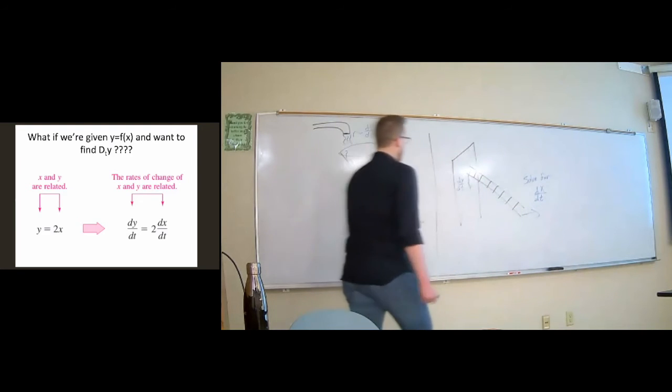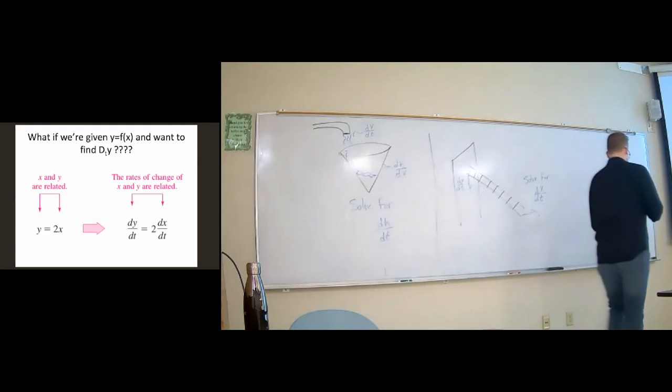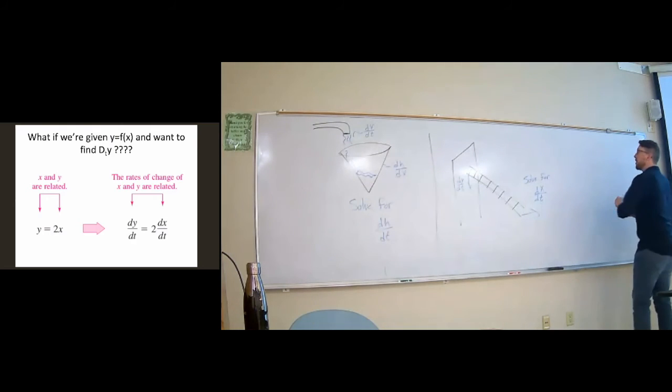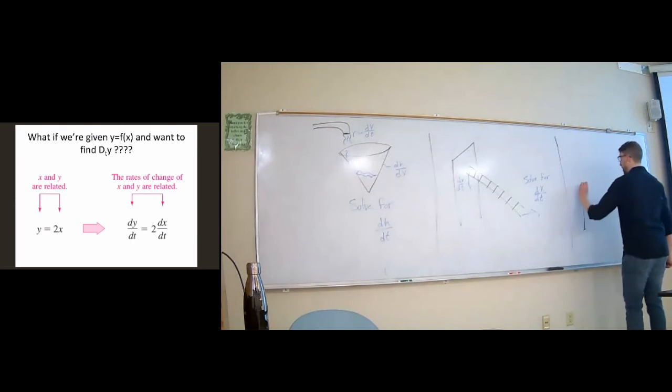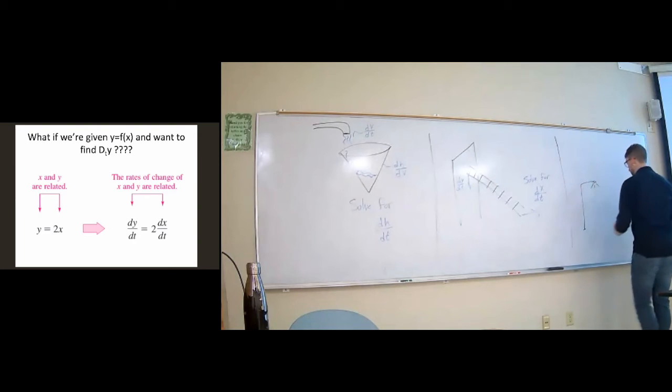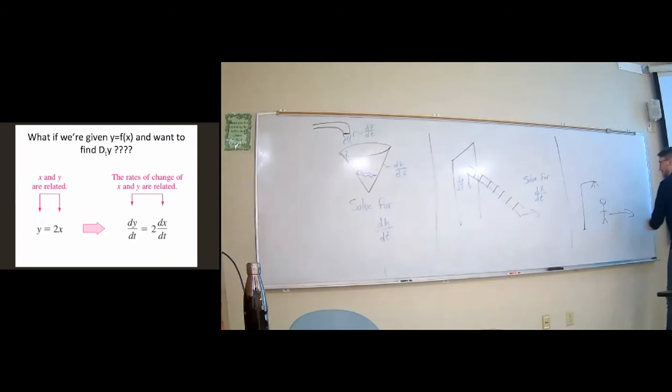Another example might be something like: you've got a street light. Somebody walking away at some speed.